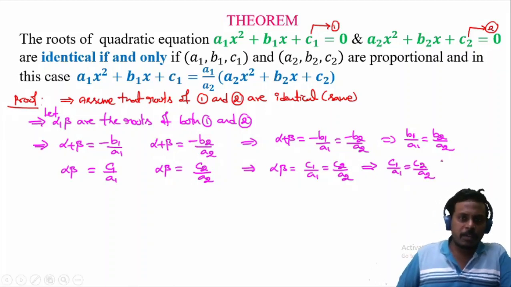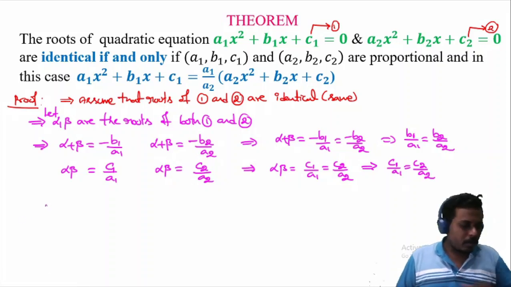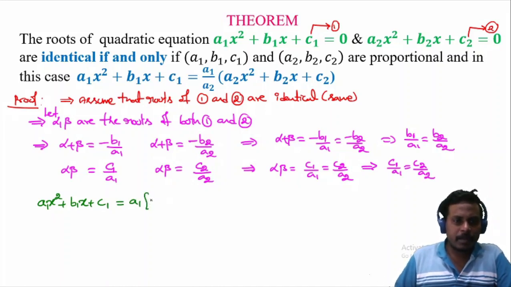Now what is it that we have to find out? We have to show that the coefficients are proportional. Now let me write my equation a1 x square plus b1 into x plus c1 is equal to, I am taking common a1 here, so this becomes a1 into (x square plus b1 by a1 into x plus c1 by a1).